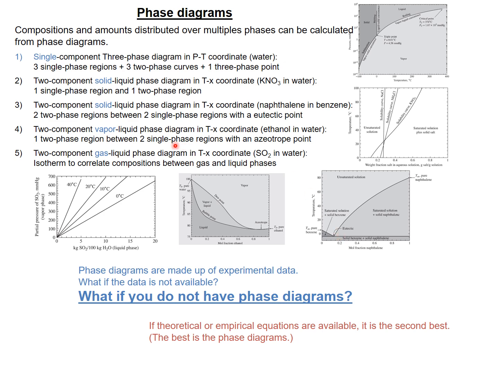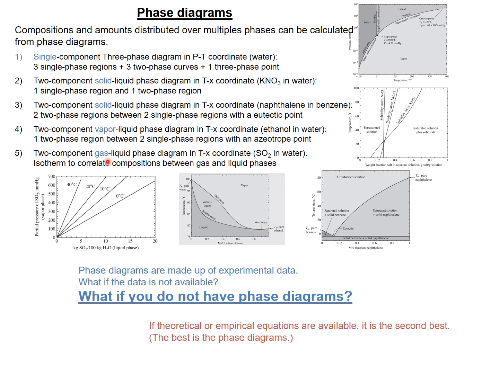The fourth one is the 2-component vapor-liquid phase diagram in temperature-composition coordinates of ethanol in water, with 1 two-phase region between 2 single phase regions and an azeotropic point.